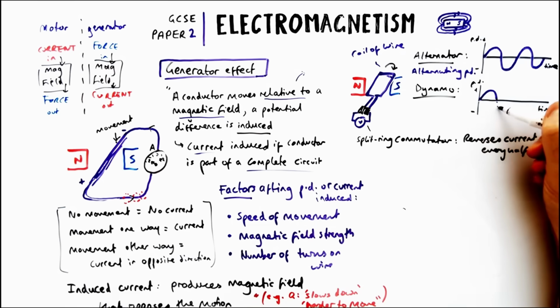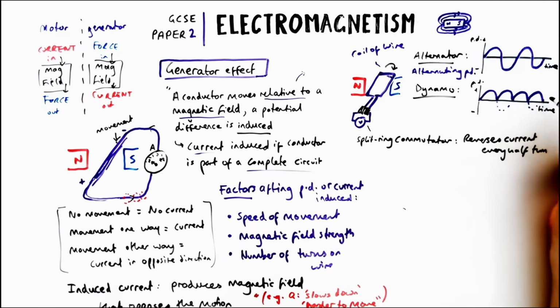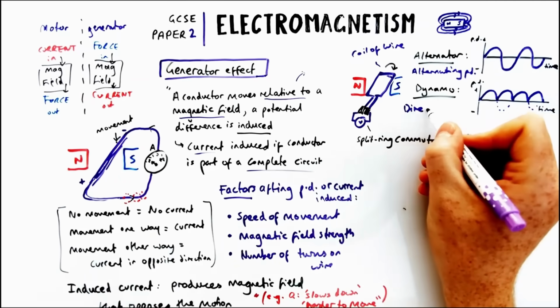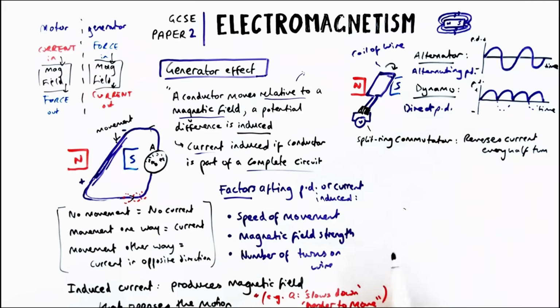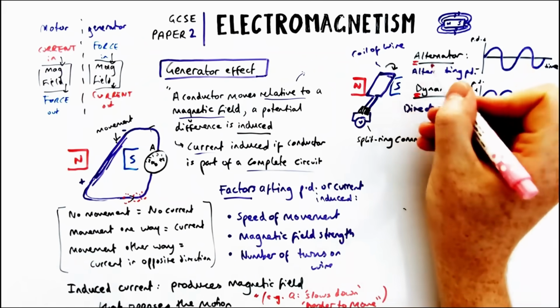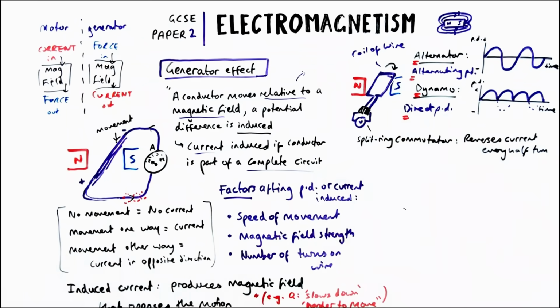So if I was to draw a PD time graph of this, it's not going to be flat, but it's going to be not negative. So every time the PD would be negative, it gets reversed. So now it has this sort of shape, as you can see in the diagram. That's for a dynamo. Clue of the name is that a dynamo begins with a D, therefore it's going to produce direct PD. Alternator is alternating PD.